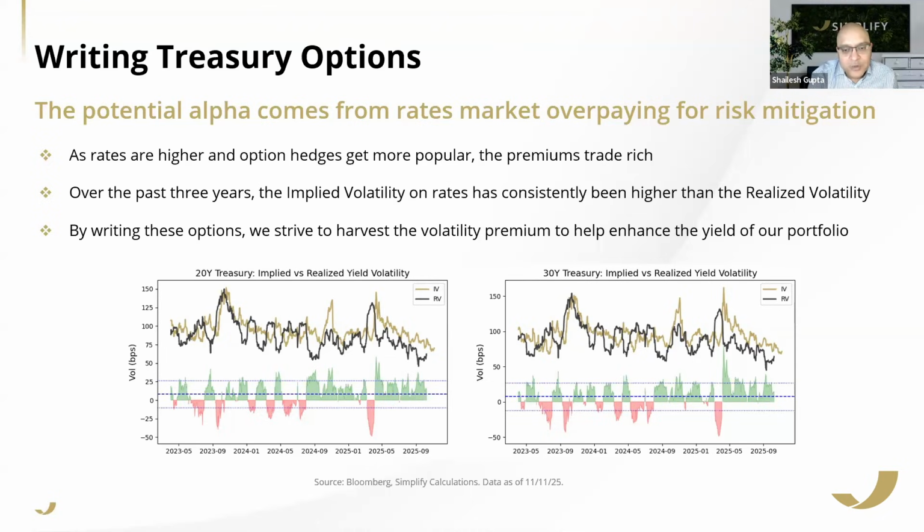Right. We do data analysis like this to study if the implied volatility in the options is offering enough returns for the potential risk. We can see clearly that in the end part of this curve the volatilities have been coming down, but you notice that the realized vol is still much lower than the implied. This is because of the structural flows; the demand supply imbalance results in alpha opportunities. This is very much like an insurance business, right?